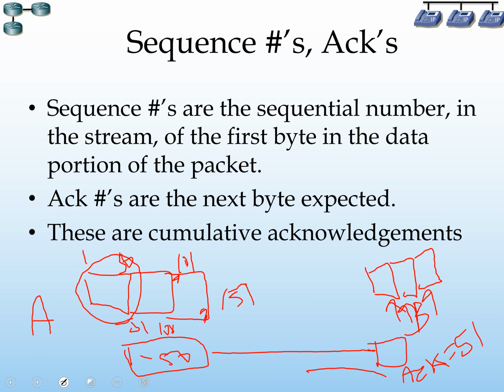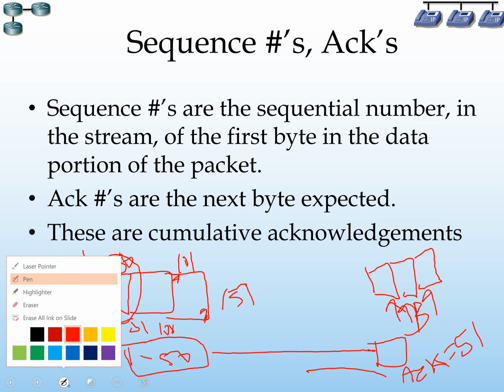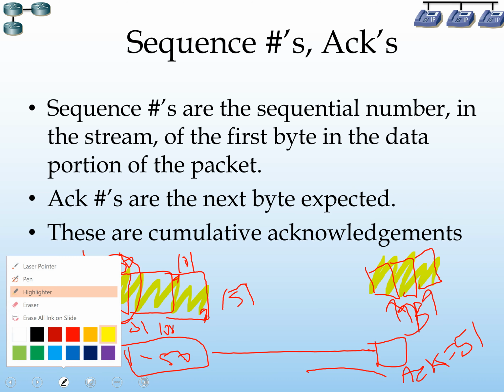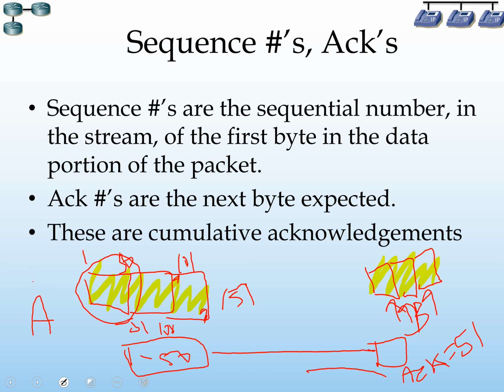But if all 3 of these, let's get a highlighter up here, all 3 of these arrive at the same time, essentially just within microseconds of each other, then what's going to happen is B is going to send back an acknowledgement of 152. Let's see, did I do that right? Let's see, 100 to 150. This should be 150.